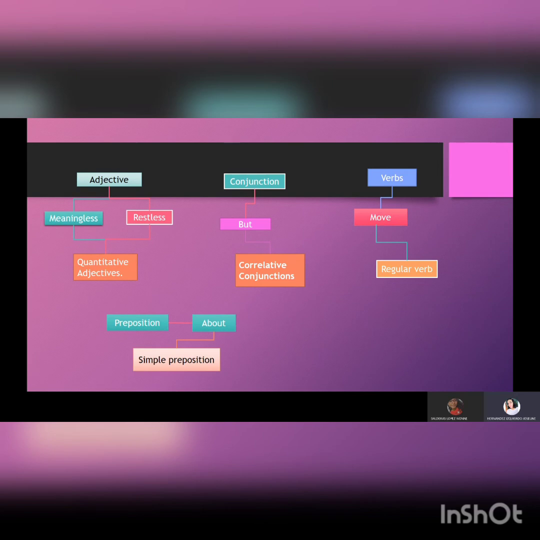It belongs to correlative conjunction. In verbs, there are two types of verbs: irregular verbs and regular verbs, and mob belongs to regular verb. In preposition, we can find about. About is a simple preposition.